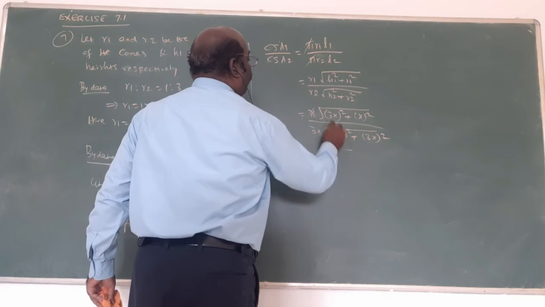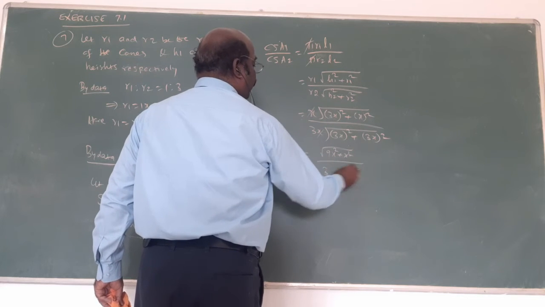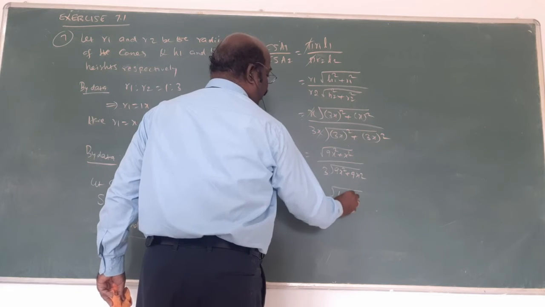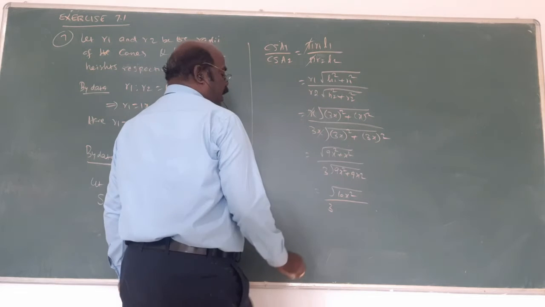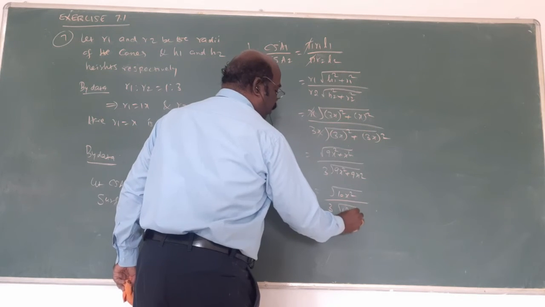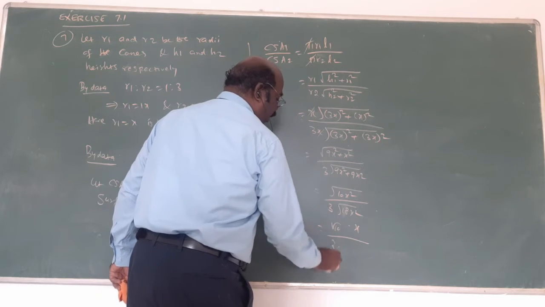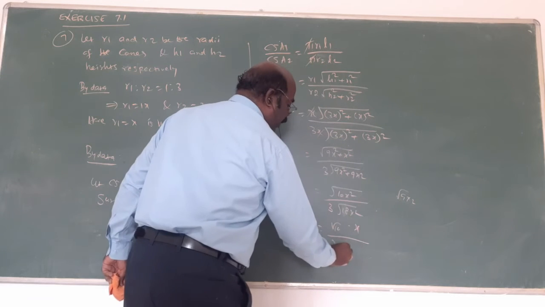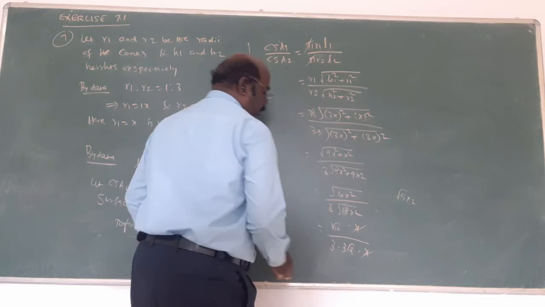Here, root of 9x square plus x square is 10x square, and 3 into root of 9x square plus 9x square is 18x square. The root of 10 into x, and 3 into root of 18, which is 3 into 3 root 2, into x.